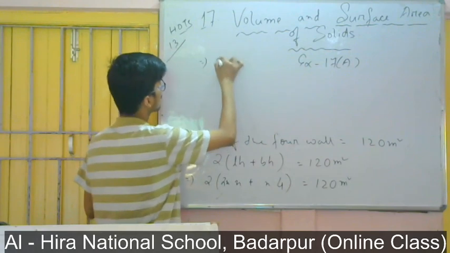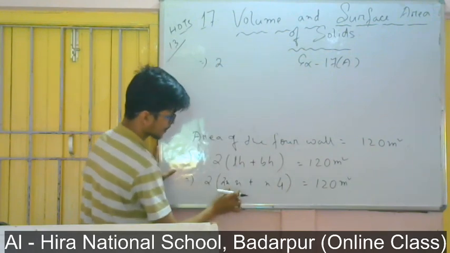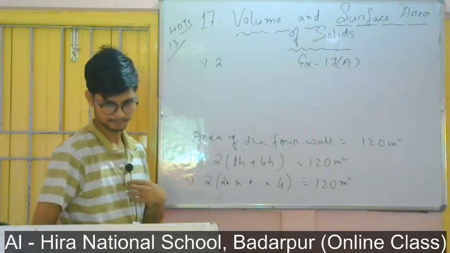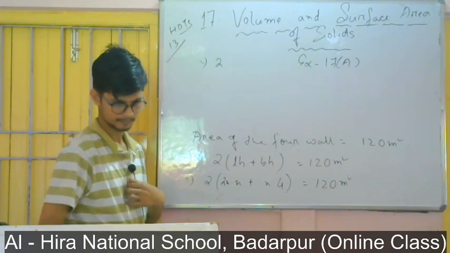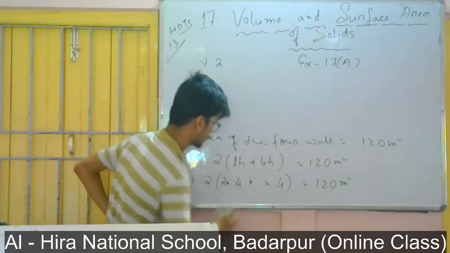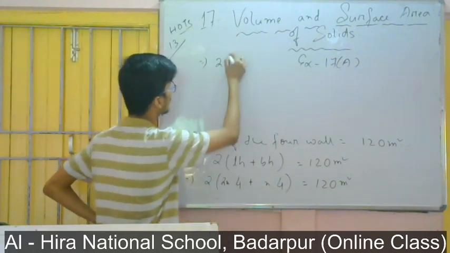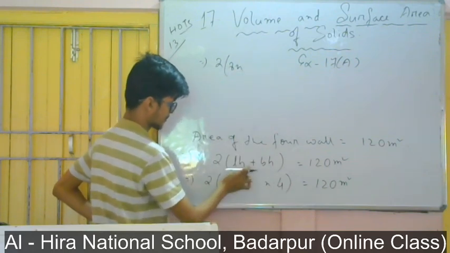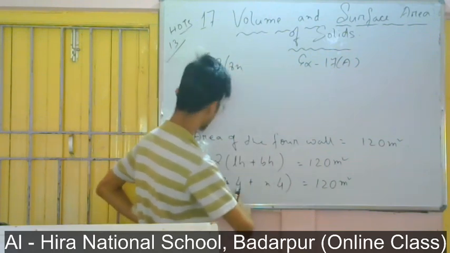Which will be equal to 2 into x, x into x, it is x square. Sorry, height is 4, so 4 2s are 8x. Height it is 4, in the question it is given. Okay, I have forgotten to write here breadth.